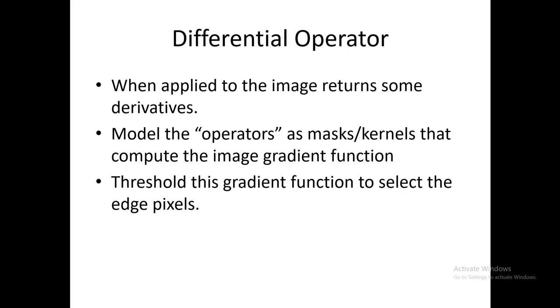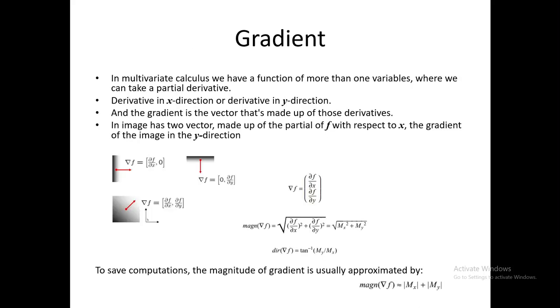Now the question again arises, what is a gradient? In multivariate calculus we have a function of more than one variable, where we can take the partial derivative in the x direction and the derivative in the y direction.